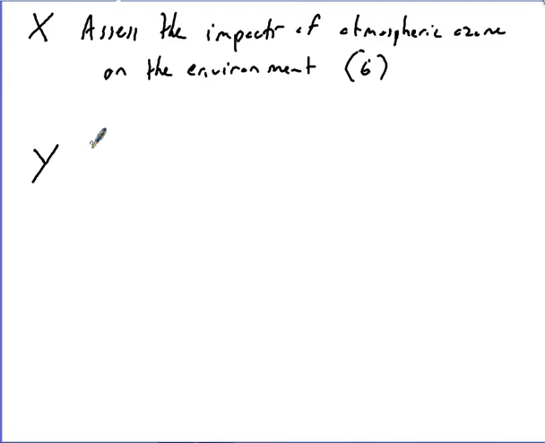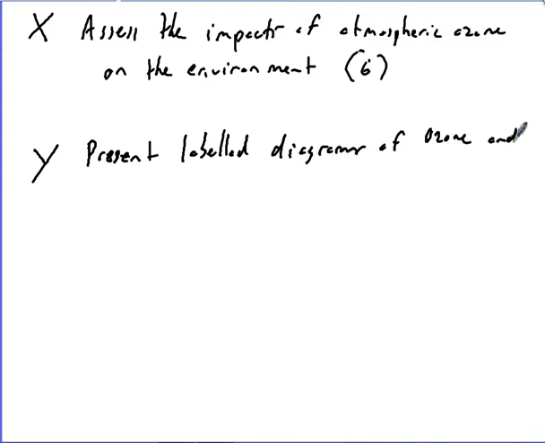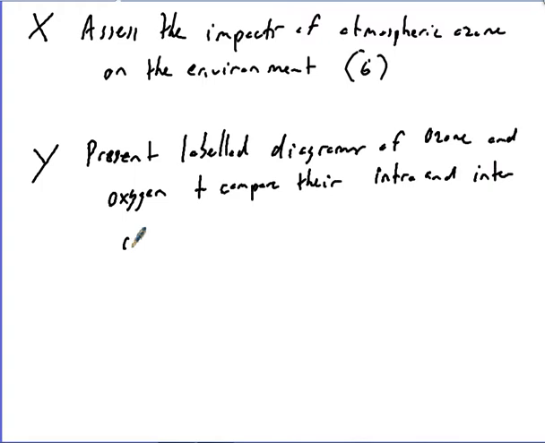So for Y, we could ask the students to present labelled diagrams of ozone and oxygen to compare their intra and intermolecular bonding. And I'll give that, say, a 3-mark question.